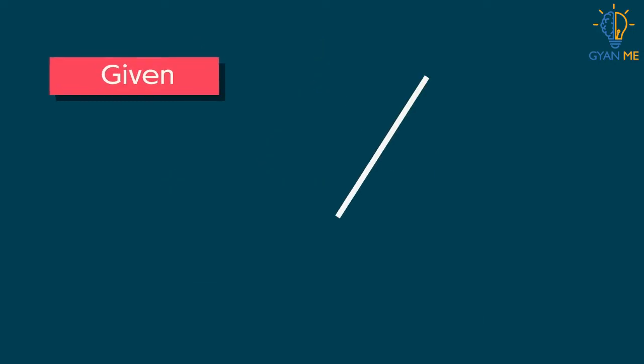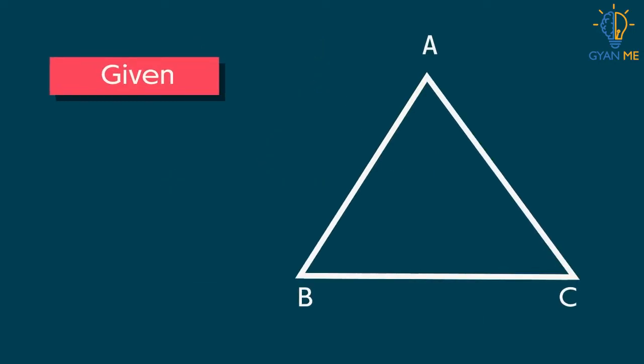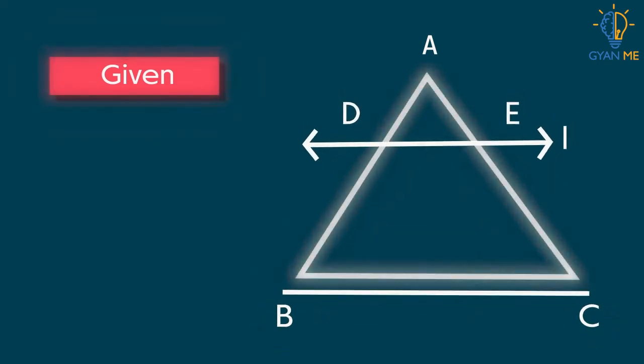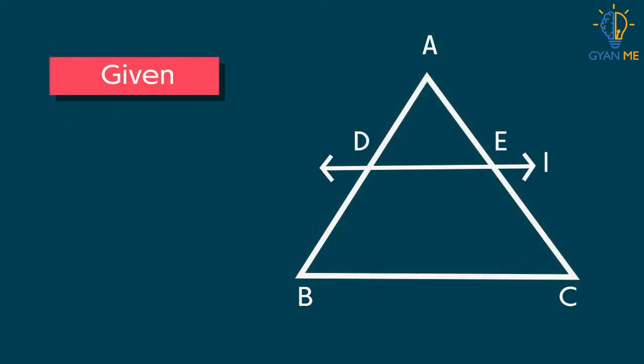So students, here we are given that there is a triangle ABC. There is a line L which is parallel to side BC of triangle ABC and it intersects at point D on side AB and at point E on side AC.